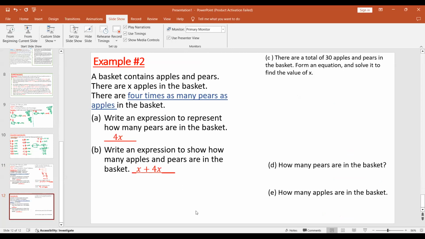We're gonna write down 1x plus 4x equals 30. Very good. And when we add them, what do we get? 5x equals 30. Very good. 5x is equal to 30. Look at this.